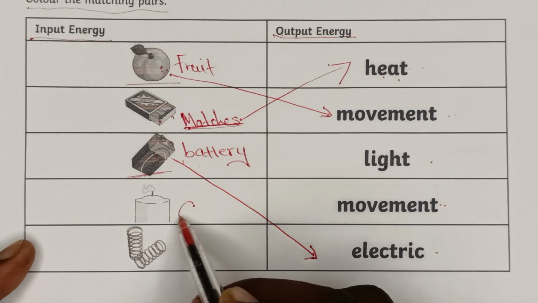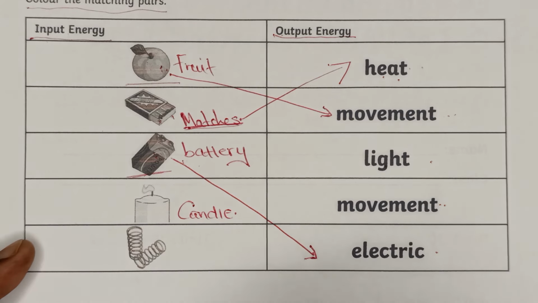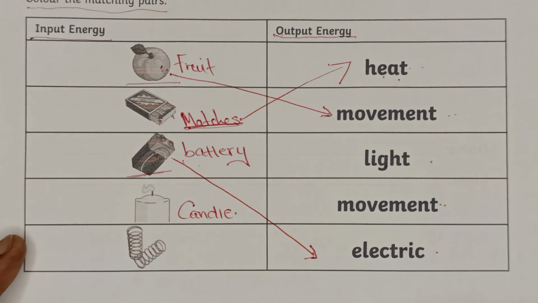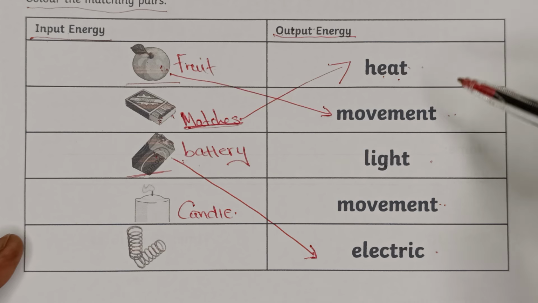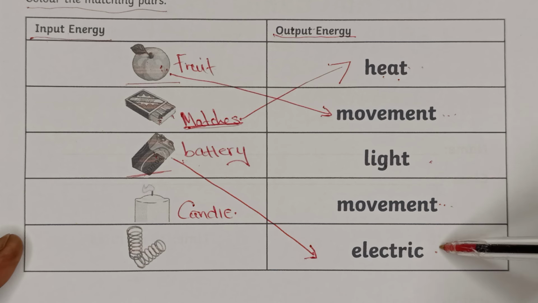When you look at this, you see a candle. So what kind of output energy does a candle give you? Is it heat? Okay, let's forget heat today. Is it movement? No. Light? Okay. Electricity?